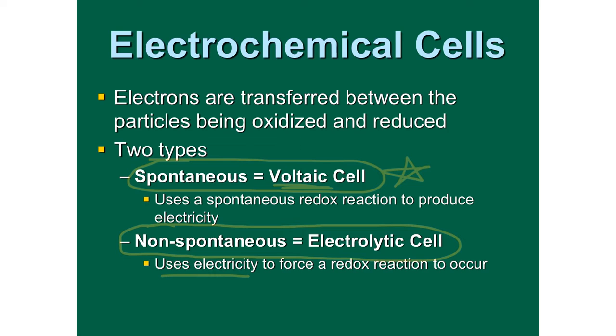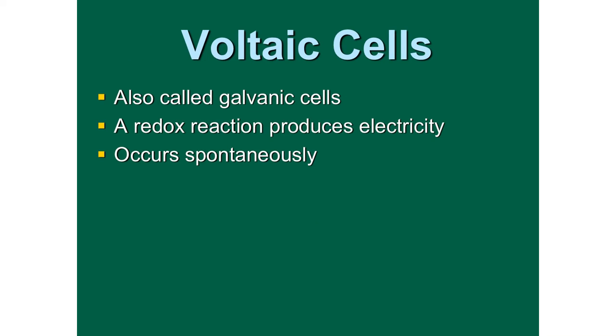They have to use electricity to produce the reaction. Again, we are going to focus on our voltaic cells today. Now, voltaic cells could also be called galvanic cells, but more frequently you're going to see them referred to as voltaic. Again, they produce electricity and they do occur spontaneously.